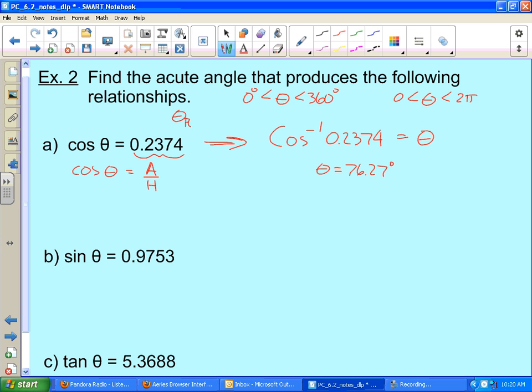So let's do the same thing, but this time, let's find out what this answer is in radians. So what do you have to do in your calculator differently? I want to find the radian answer. Switch my mode. That's all I do differently. So go change your mode to radians, and then do inverse cosine of 0.2374. 1.331?